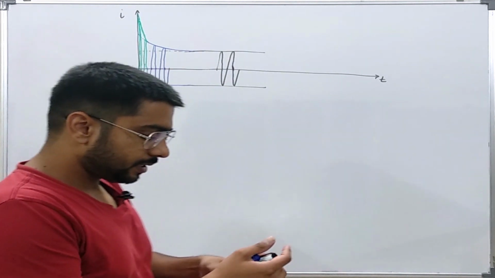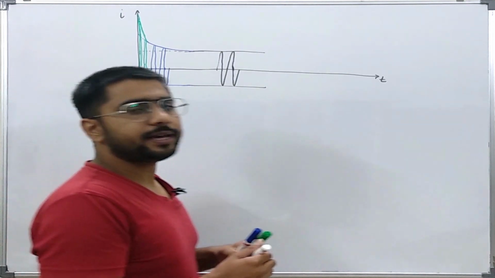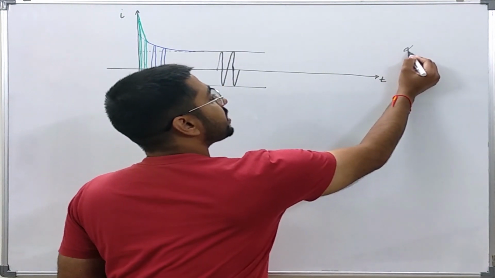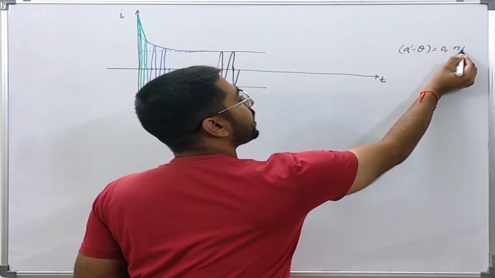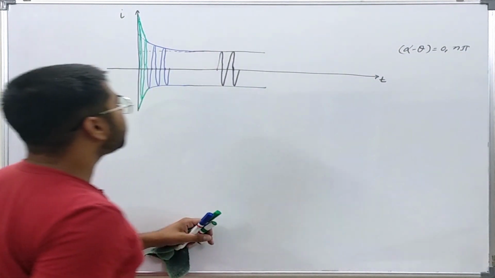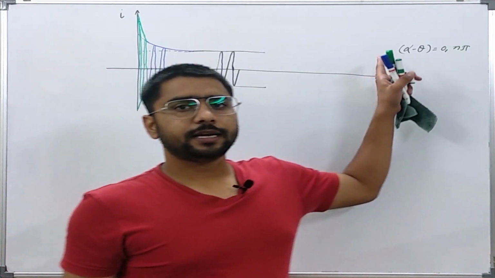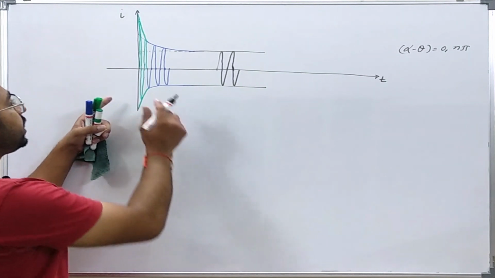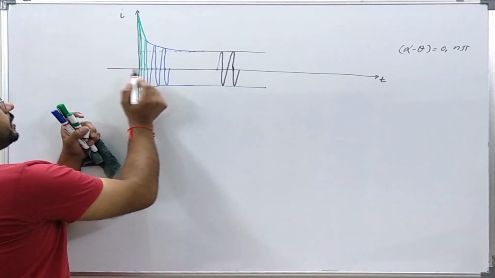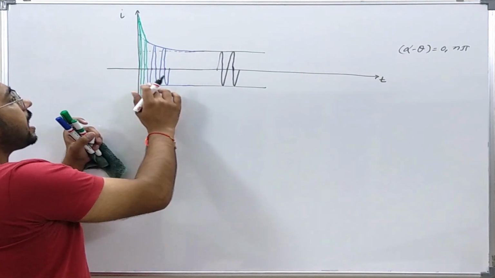That is, either we are taking a phase in which alpha minus theta is equal to 0 or n pi. Because of that the DC component will be 0.